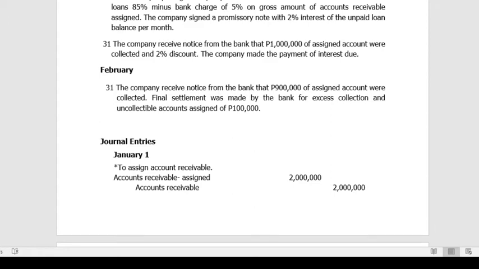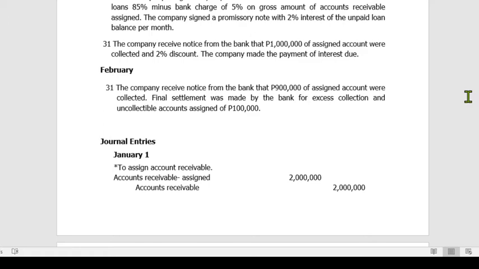Next, paano natin i-recognize itong the bank loans 85%? Kasi 'di ba, inassign mo siya, binigay mo na siya doon sa bangko para makakuha ka ng cash doon sa bangko. Eh, ang sabi, 85% lang daw ang binibigay ni bank. Then, meron pa siyang 5% na bank charge based on the gross amount na 2 million.